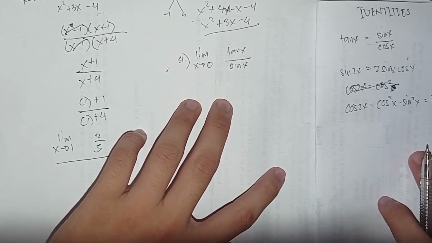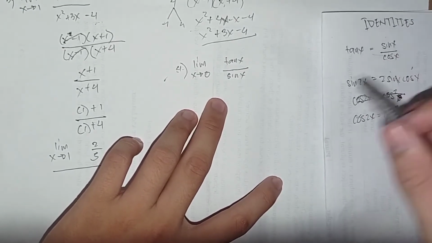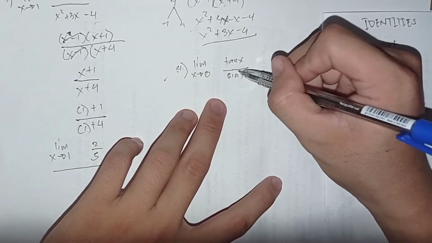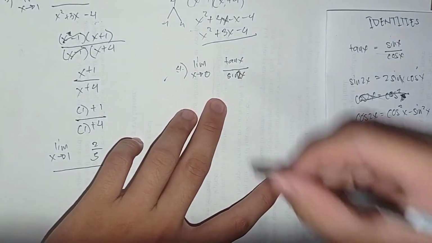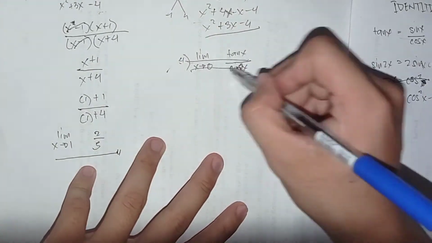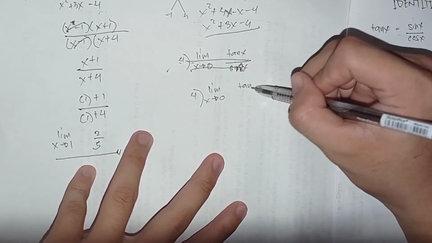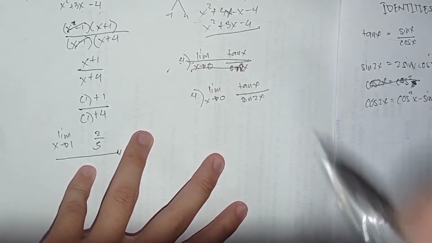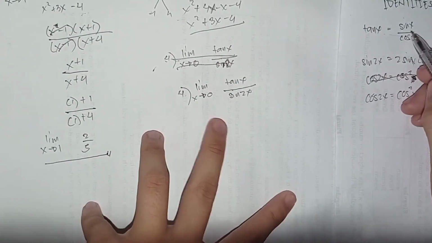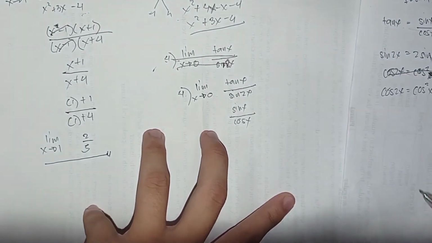Tangent x is equal to sin x over cosine x.